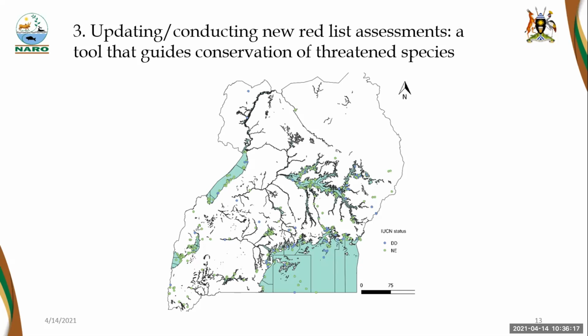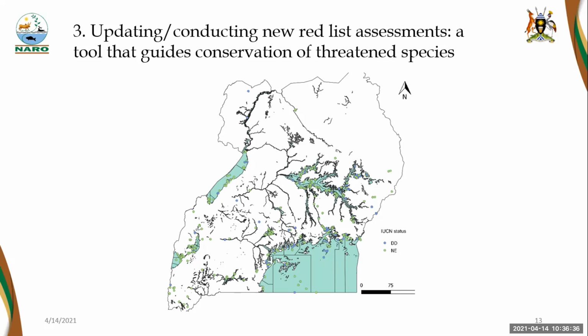Of course, most of the freshwater species in Uganda are listed as data deficient on the IUCN Global Red List platform. And we are currently updating these assessments.